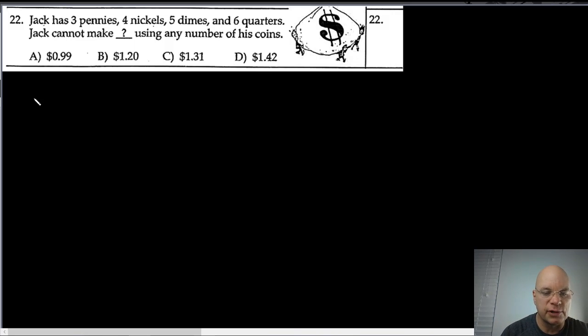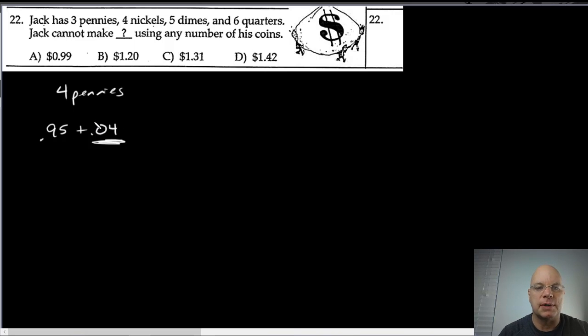And this might not be as easy for you guys to realize because paying with change might be a thing of the past, but in order to make 99 cents, it's 95 cents plus 4 cents. So you can make the 95 cents with some combination of nickels, quarters, and dimes, but you need 4 pennies to make that remainder of 4. So you really don't need to look any further than answer choice A once you realize that.